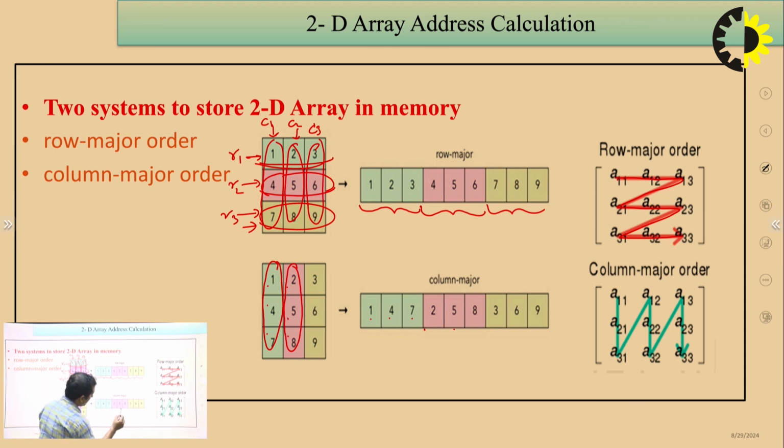Then the third column elements are stored, that are 3, 6 and 9. In this manner data are stored in column major form.